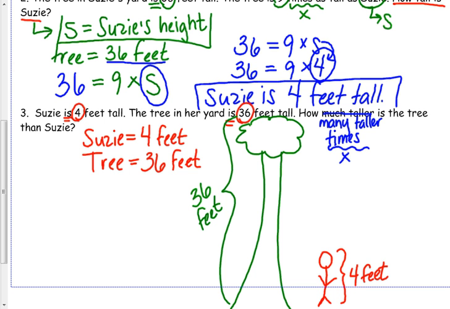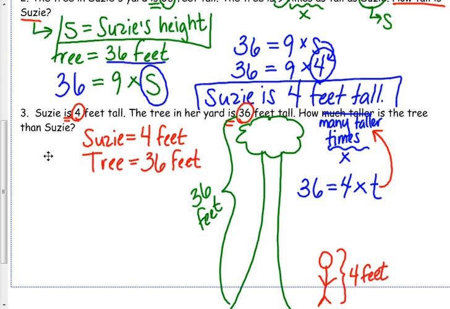So how many times taller is the tree than Susie? So we're going to start with 36 for the tree equals 4, which is the height of Susie, times T. We need to find how many times taller.